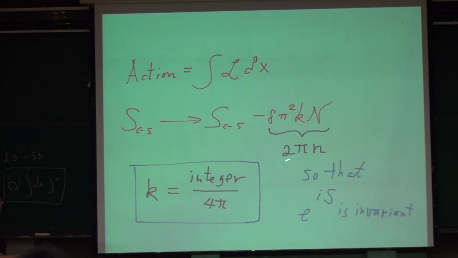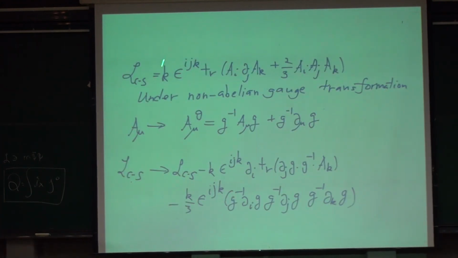That's okay. So that means that k must be some integer over 2 pi. If this is put into this, it will certainly be of the form 2 pi n. So the interesting thing about the Chern-Simons theory is that the coefficient must be quantized.